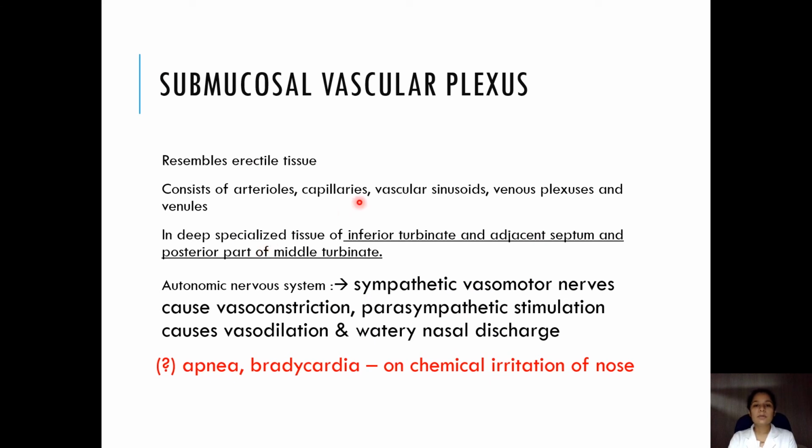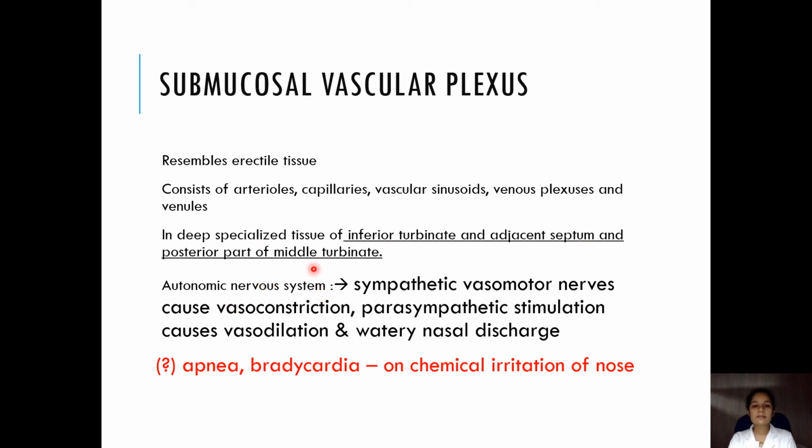Now there is a submucosal vascular plexus. It resembles erectile tissue. It consists of arterioles, capillaries, vascular sinusoids, venous plexus and venules. It is present in the deep specialized tissue of the inferior turbinate and the adjacent septum, as well as the posterior part of the middle turbinate.